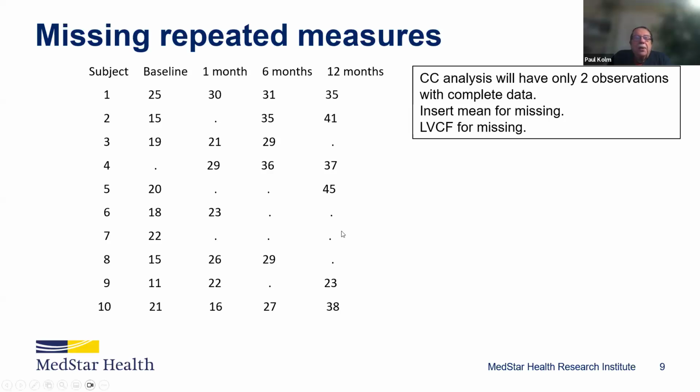And then the same with these others here. If they have a valid value at one point and then for the rest of the time periods they don't, then you can't be sure that that's missing at random, and filling in with either the average or, in this case, the last value carried forward might really bias your results.